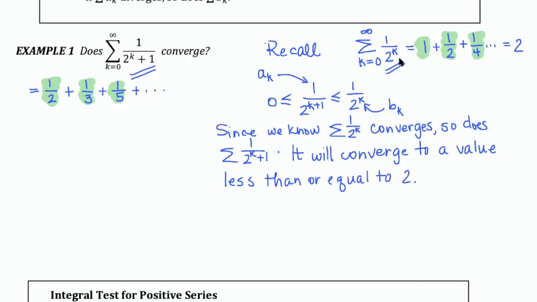And that should make sense because if you remember looking at the convergence of a series as the limit of the partial sums, if all of the numbers in this first series are bigger than all the numbers in the second series, all the partial sums here are also going to be larger than the partial sums of the series we're interested in.